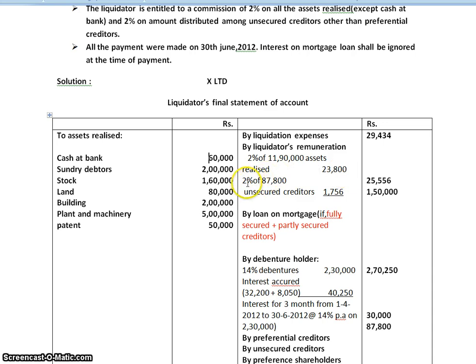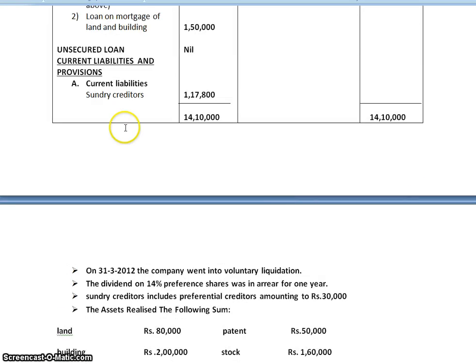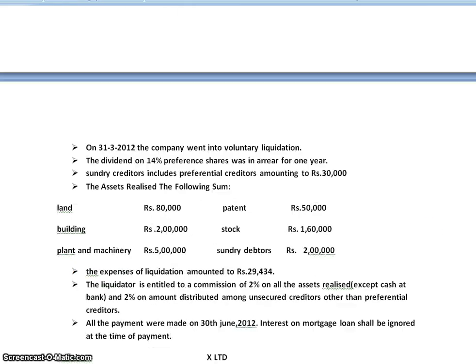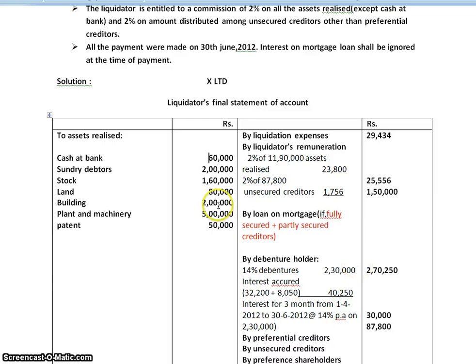Then 2% of unsecured creditors. The total value of creditors is 1 lakh 17,800. Out of this, 30,000 was preferential creditor, so we will minus this 30,000 from 1 lakh 17,800, and the amount will be 87,800.